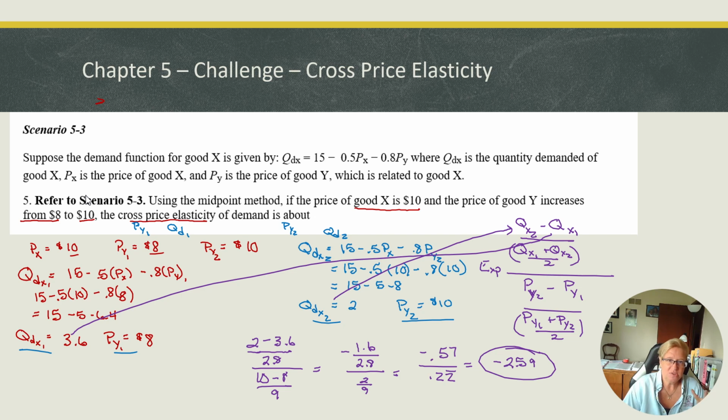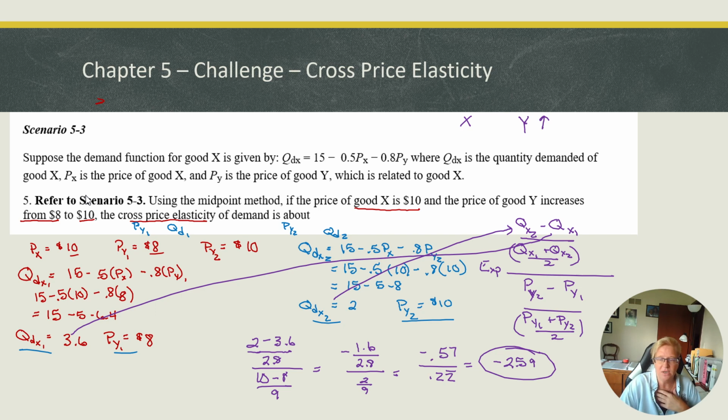So do we know whether that's a substitute or complement? Is it a normal or inferior good? Here the price changed, so let's stop and think for a moment about what exactly happened. Good X stays constant in price. Y, however, the price increased. What happened to the quantity demanded? The quantity demanded of X went from 3.6 to 2.